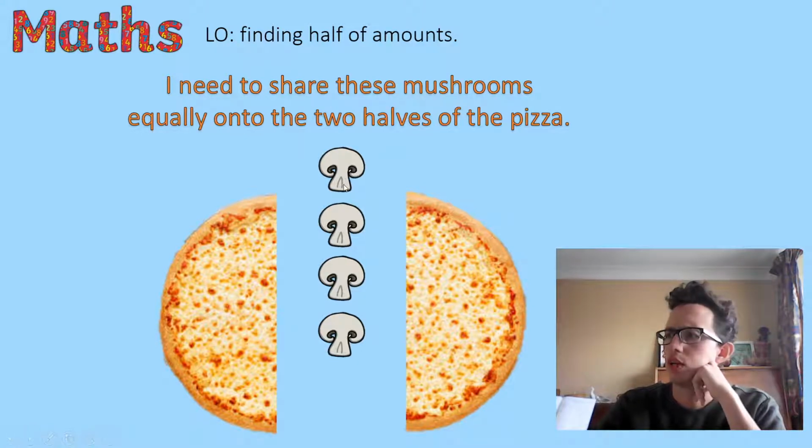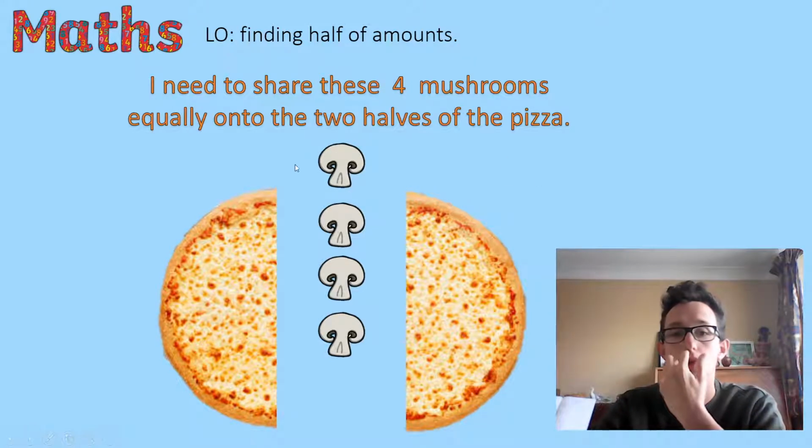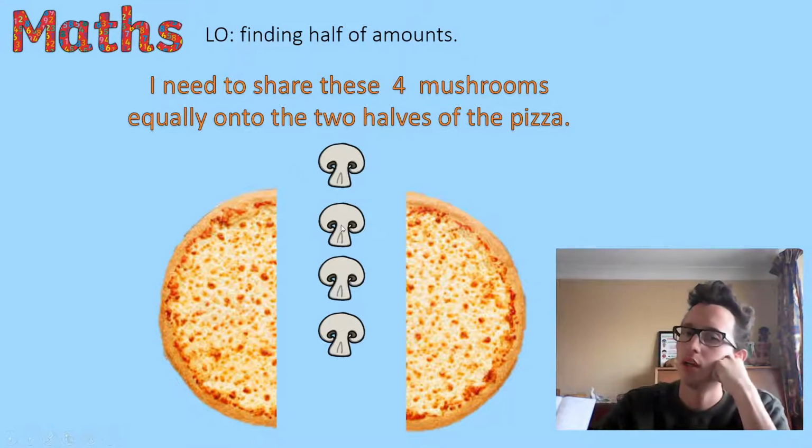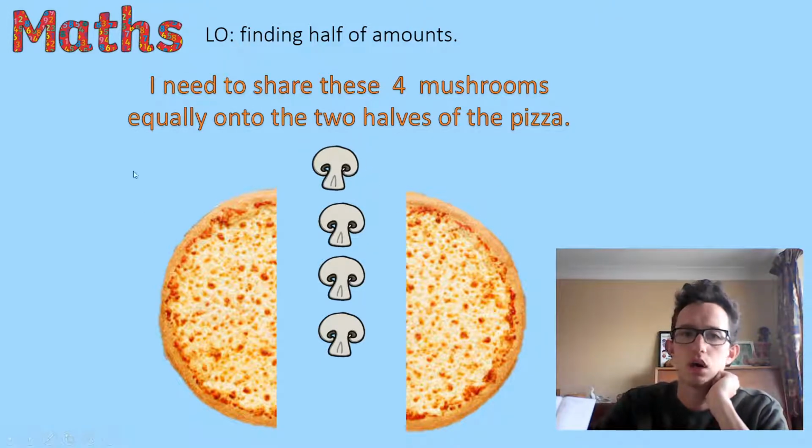So what I'm going to do first, I've got 4 mushrooms, so I've counted them, and I've got 1, 2, 3, 4. Yeah, happy with that? We've got 1, 2, 3, 4 mushrooms, and I'm going to split them equally onto the two halves.